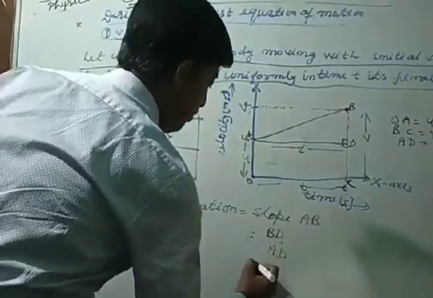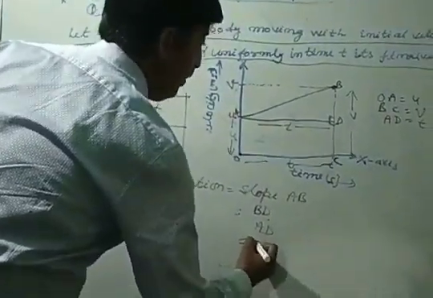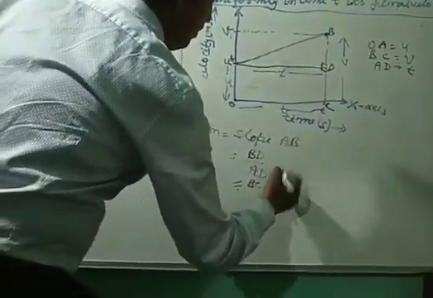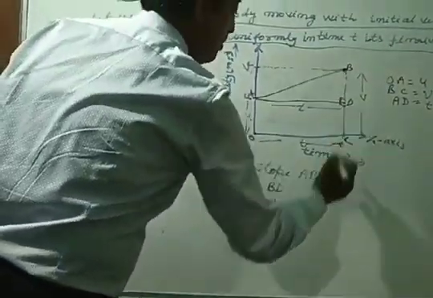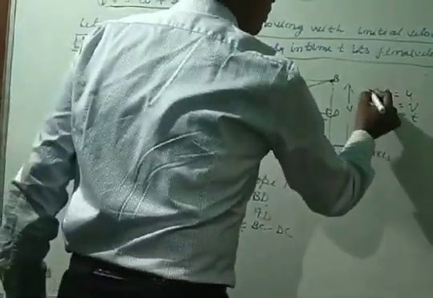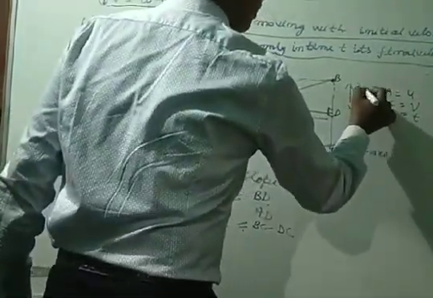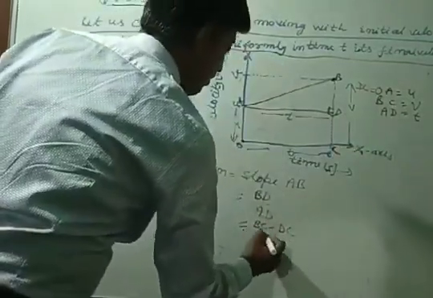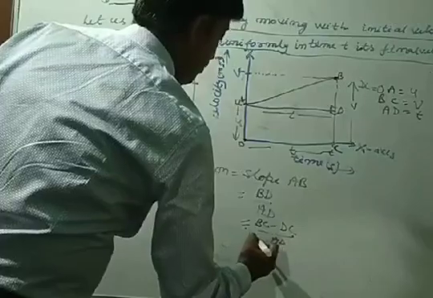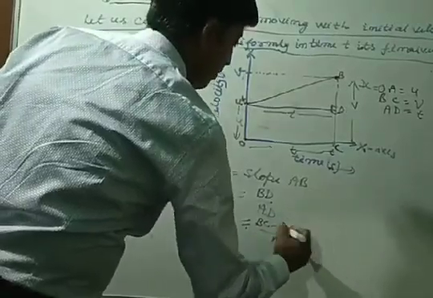BD is equal to BC minus DC, and OA is equal to DC, which is u.